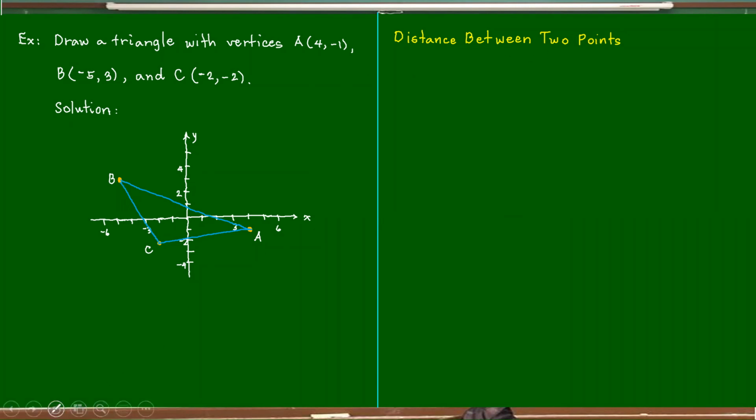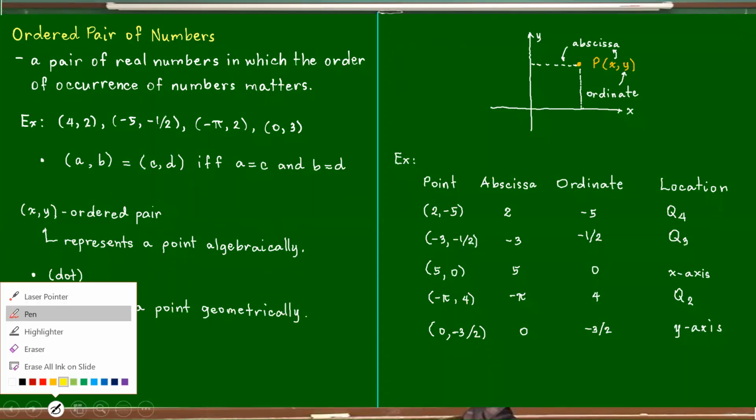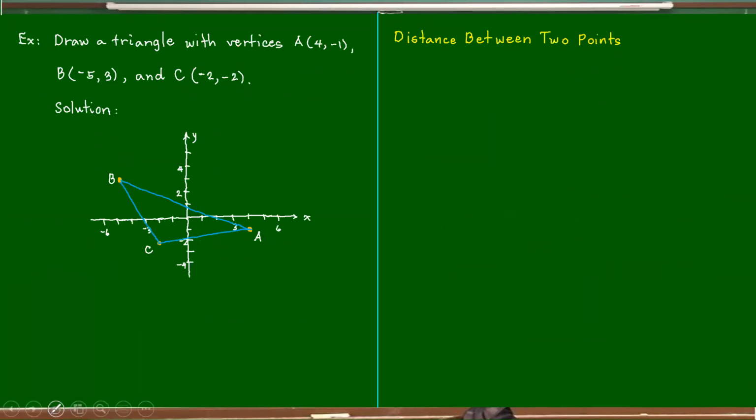So letter A, we have what we call horizontal distance.